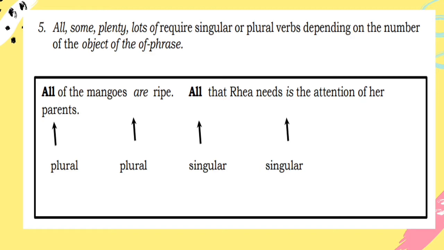All that Rhea needs is the attention of her parents. All refers to Rhea, so it is singular and it requires a singular verb. So, all that Rhea needs is the attention of her parents.